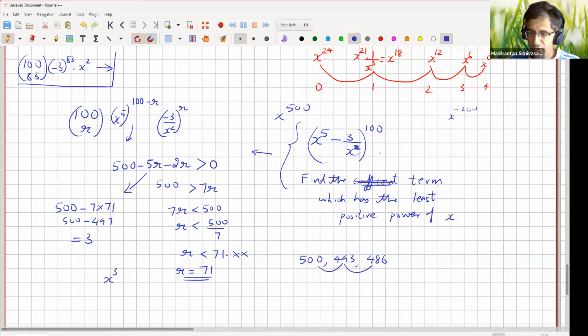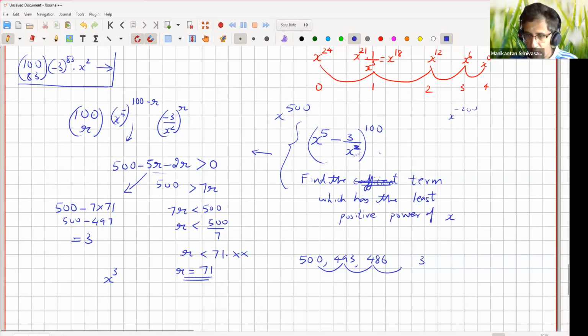Okay. So 500, 493, 486, if you want to do it this way. So again, the same thing, arithmetic progression, right? Another way of writing the same thing. It decreases by 7. You want to see the first positive value of the sequence. And then it ends up being r equal to, x equal to, the power equal to 3. So somewhere it will go to power equal to 3.